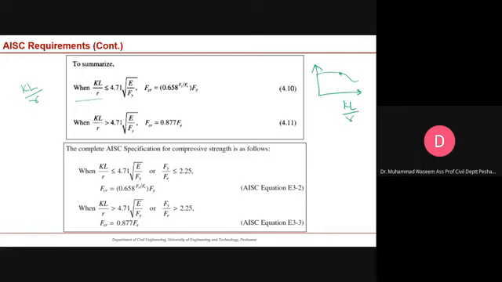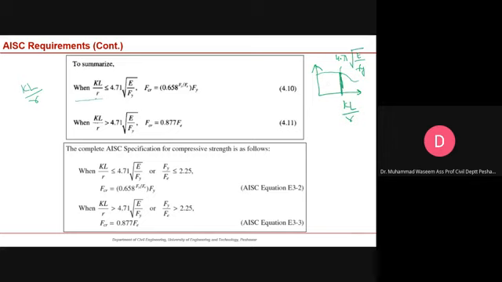You have to see what the value of KL by r is, and this bordering point, as I told you, AISC suggests takes this value. So you have to compare it.